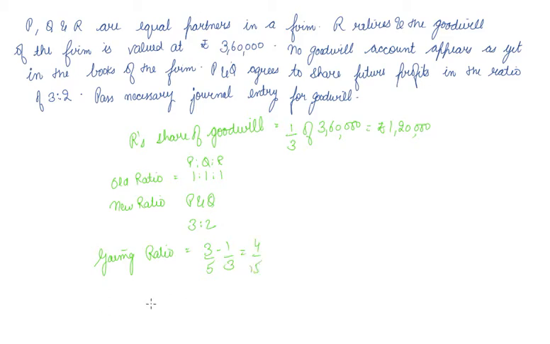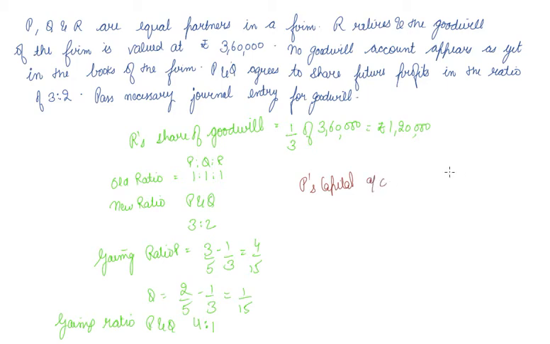P is 4/15. Q's new ratio minus old ratio is 1/15. So gaining ratio among P and Q is 4:1.